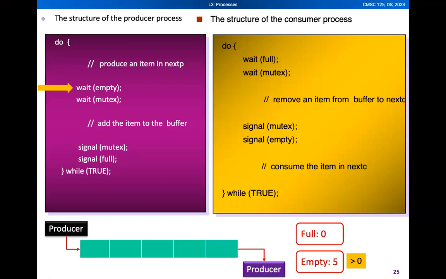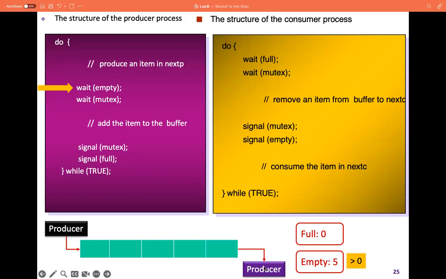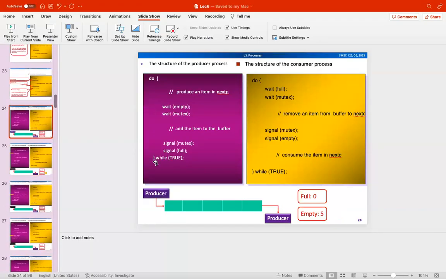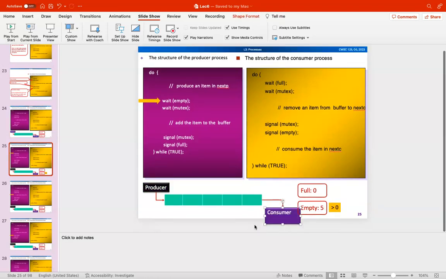the producer wants to do something. Oh, this is supposed to be consumer, not producer. Sorry, let me just change that. Okay, this is supposed to be consumer. So please don't be confused if you see another producer here.